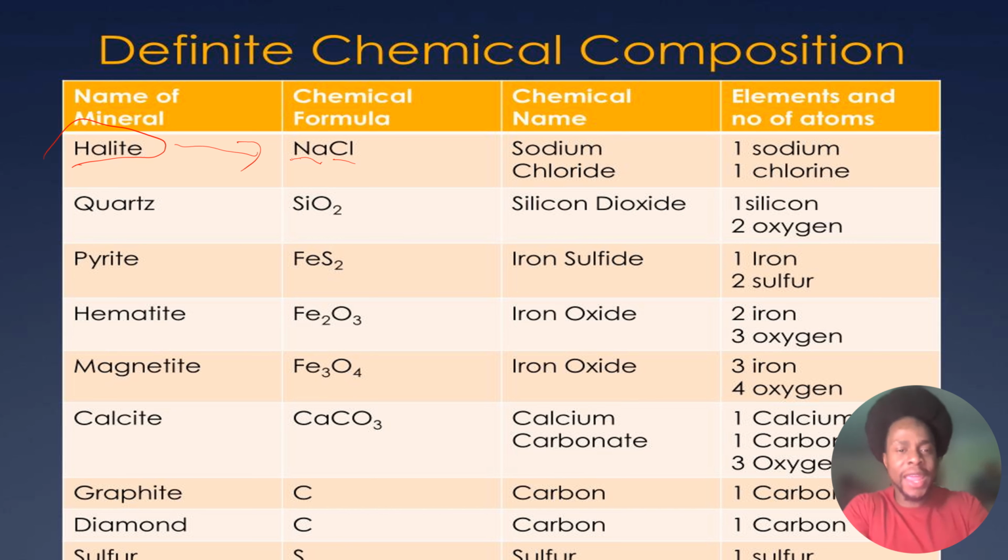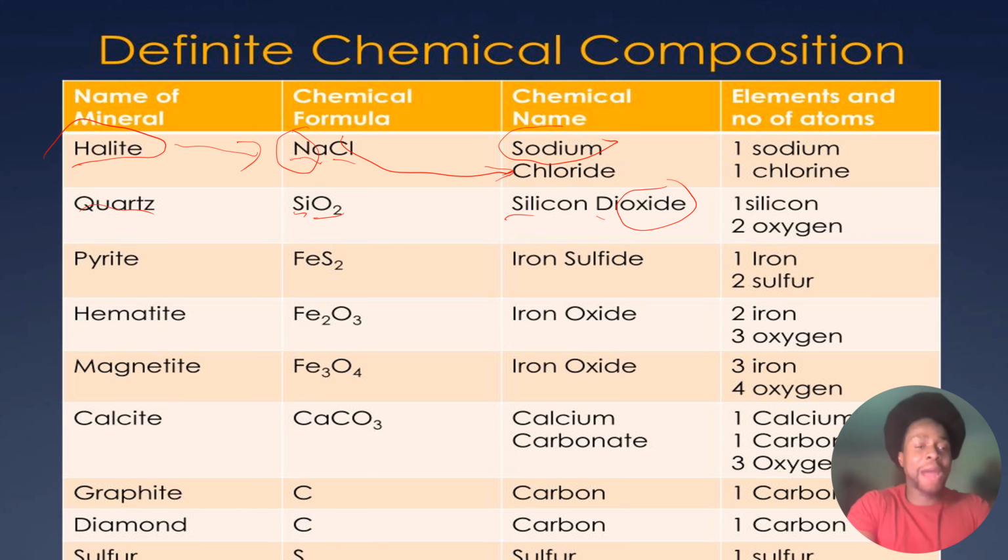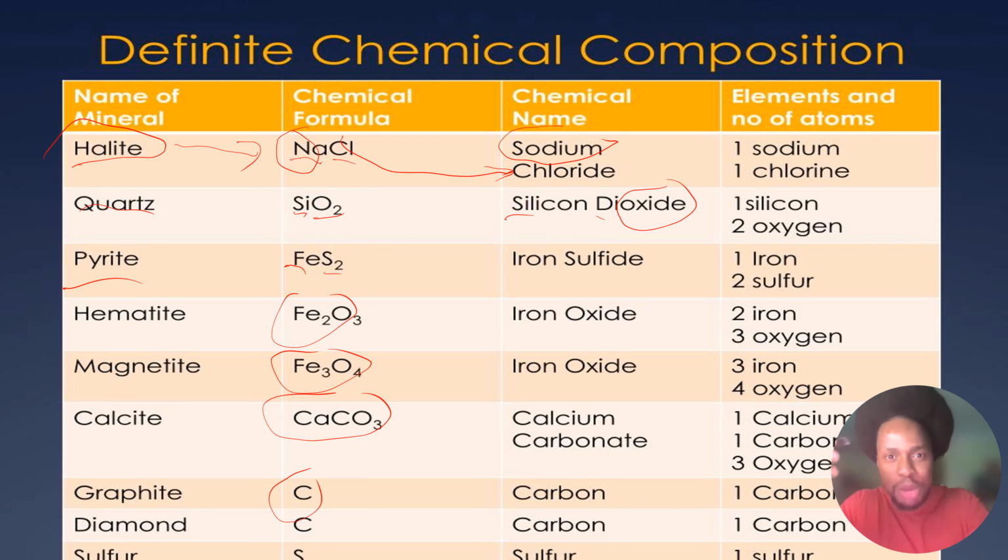The mineral quartz contains silicon and oxygen. So it's silicon dioxide. Dioxide is a fancy way of saying oxygen. More about that when you get to chemistry. Pyrite contains iron and sulfur, and we can go on and on. So every mineral has a definite chemical composition.